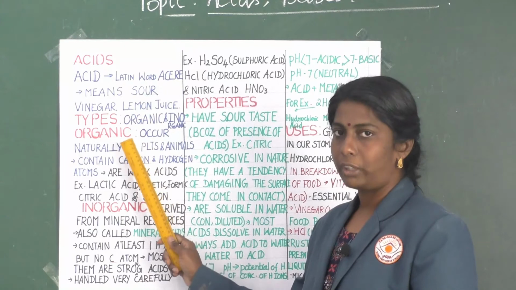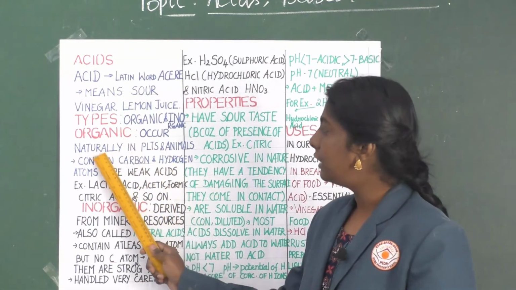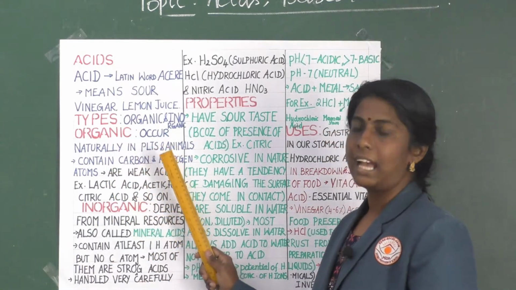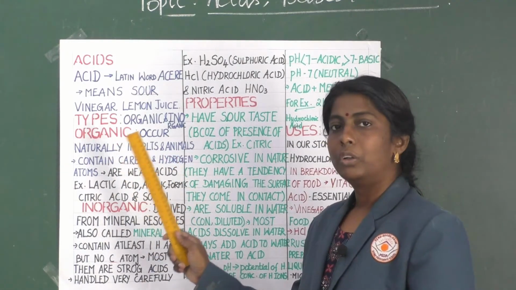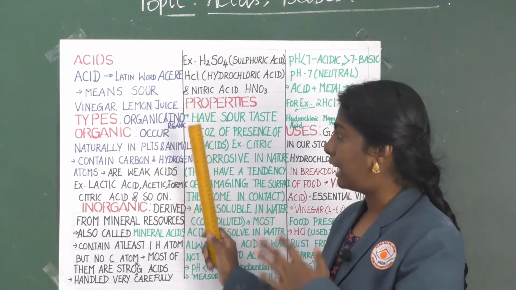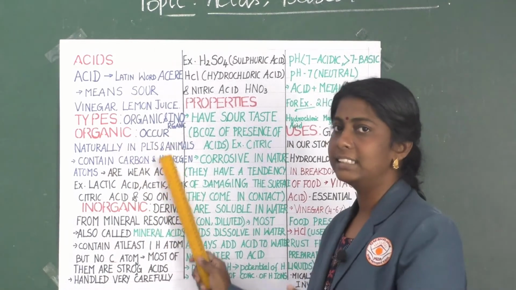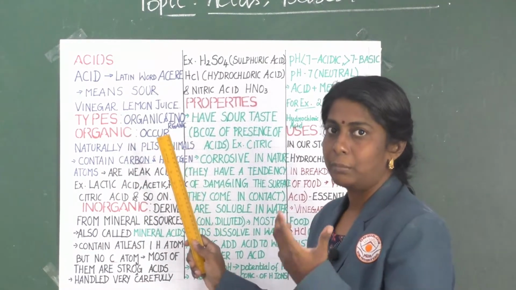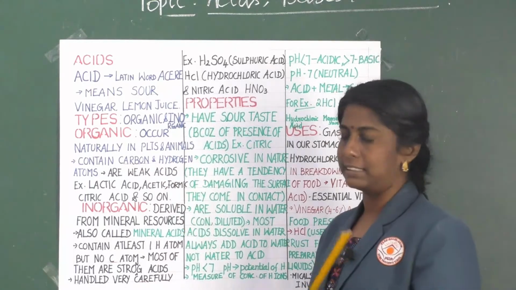Organic acids occur naturally in plants and animals. Their source belongs to plants and animals.